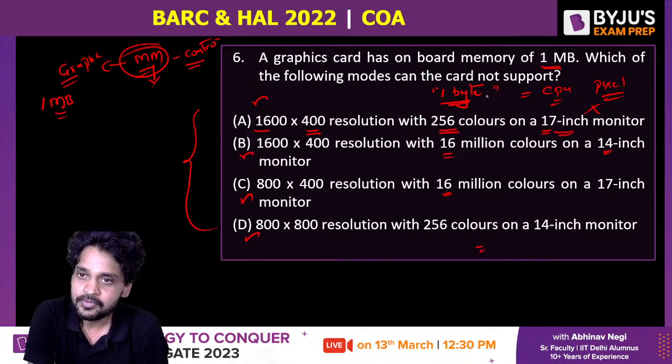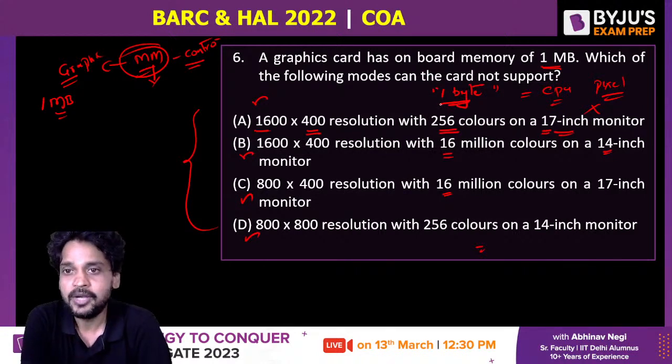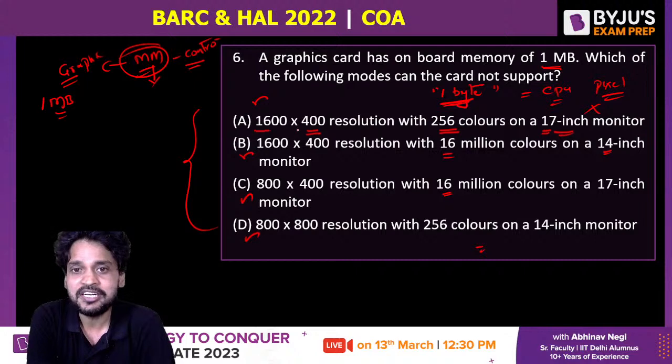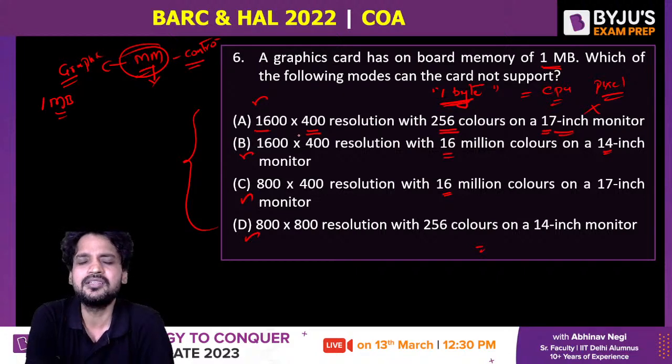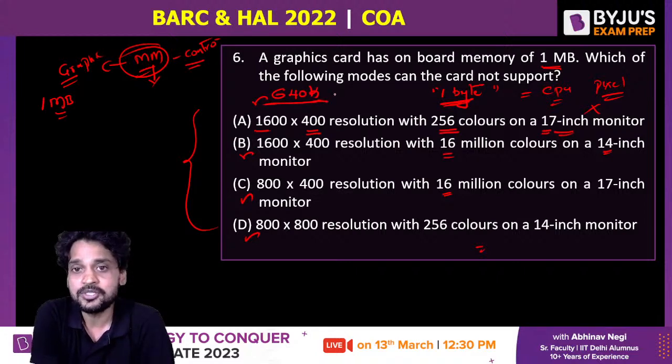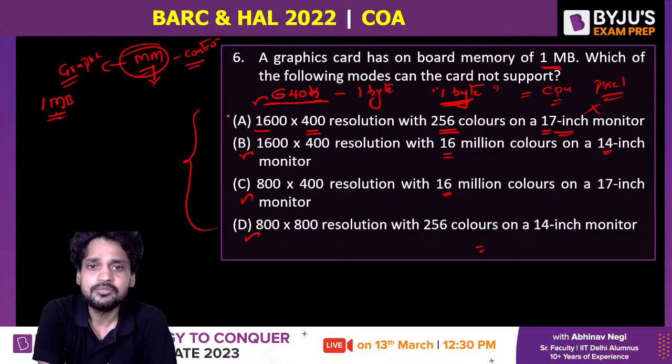For 1600 by 400, what is the total? 16 into 4 is equal to 64, so 1600 by 400 is equal to 640K. These are the 640K combinations into 1 byte. So 640 KB is well less than 1 MB. So this will be supported.